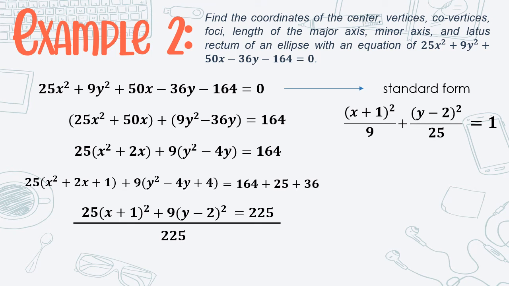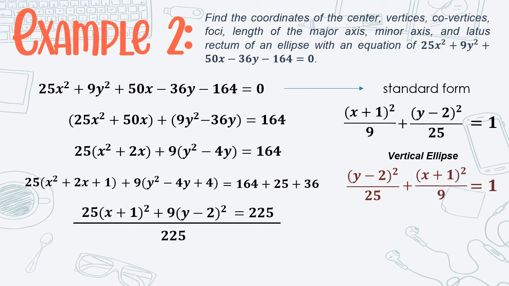Therefore, we can conclude that our ellipse is vertical. So the standard form of the equation for this ellipse is (y minus 2) squared all over 25 plus (x plus 1) squared all over 9 is equal to 1. We can now find the missing parts of our ellipse.